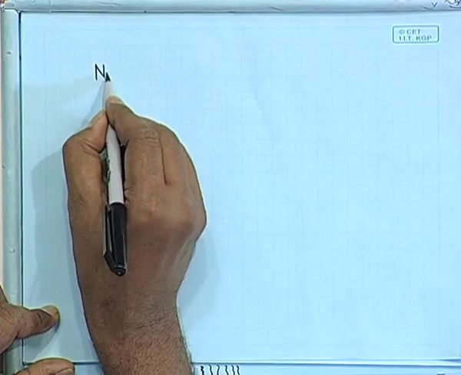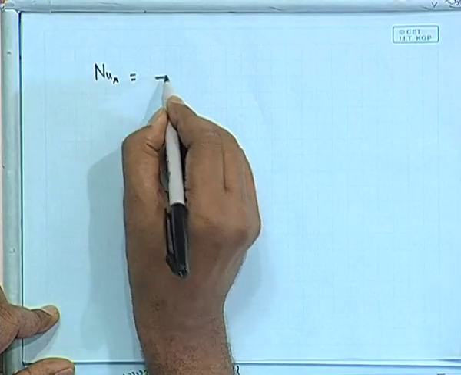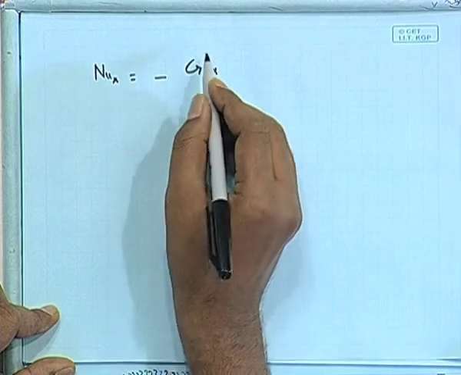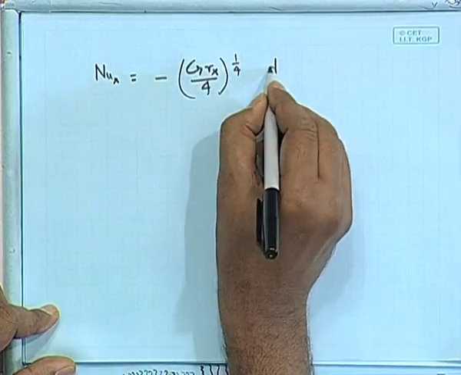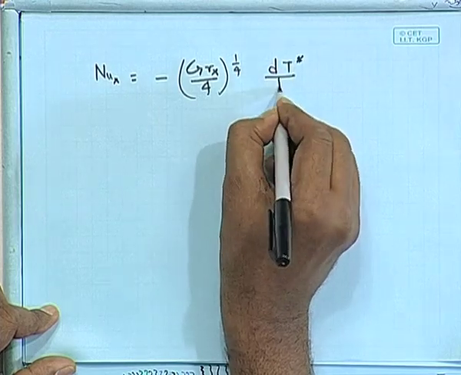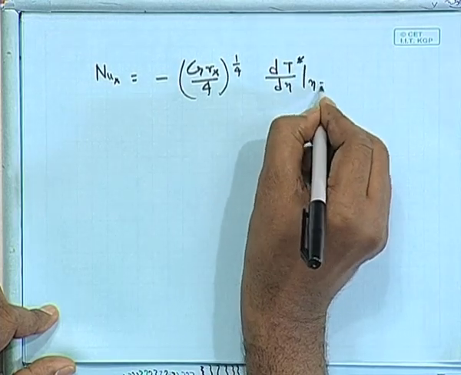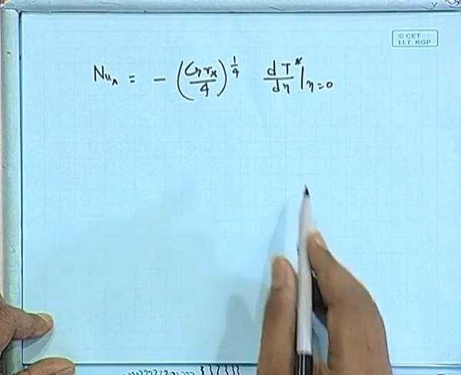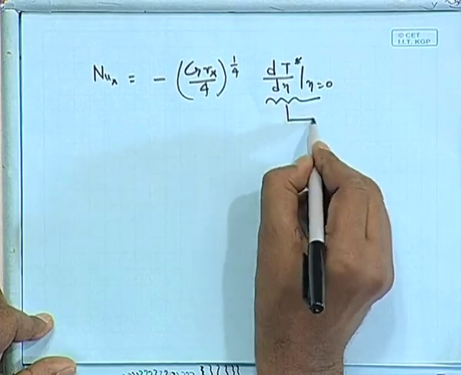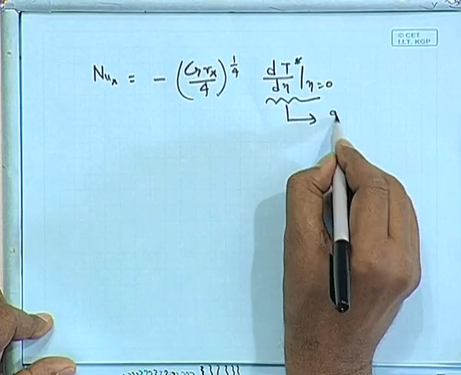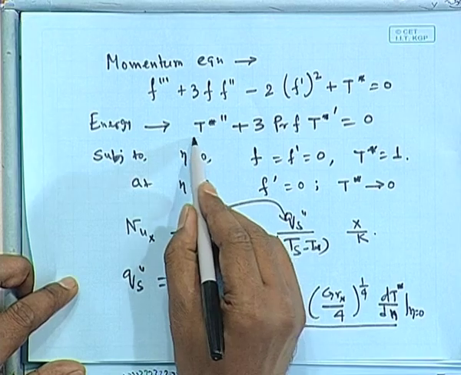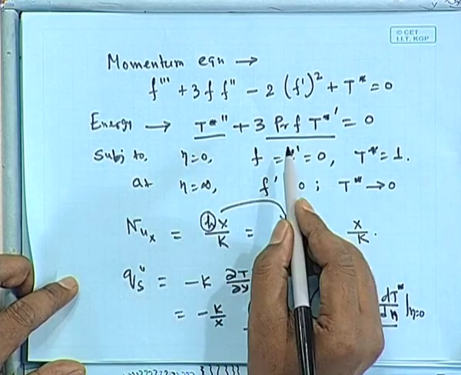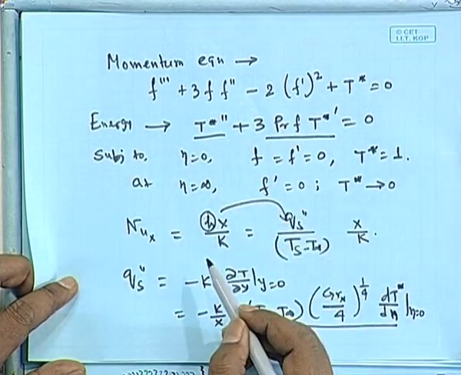So, your local Nusselt number will be in the form of Grashof raised to the power 1 by 4 dθ*/dη equal to 0, and these will be a function of Prandtl number, because if you remember your energy equation, in your energy equation you will be having a parameter Prandtl number coming.